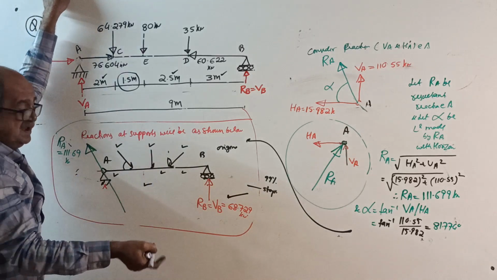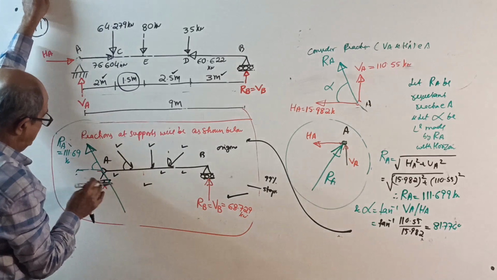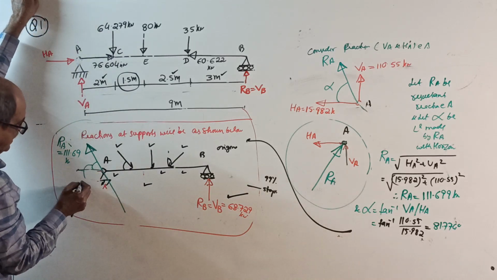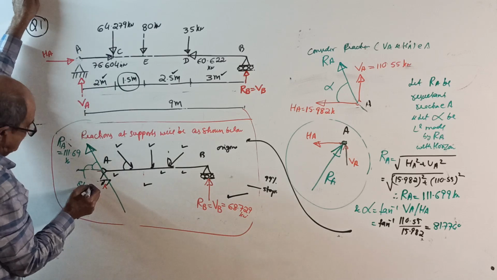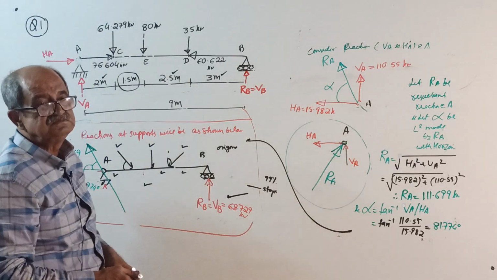Write the sketch once again, which makes an angle of 81.774 degrees, out of scale. Make it this way.